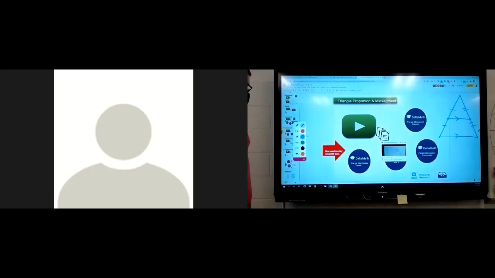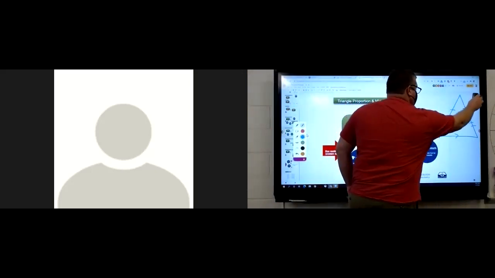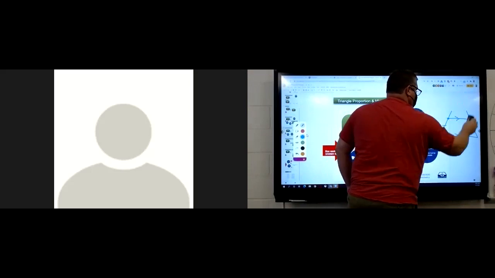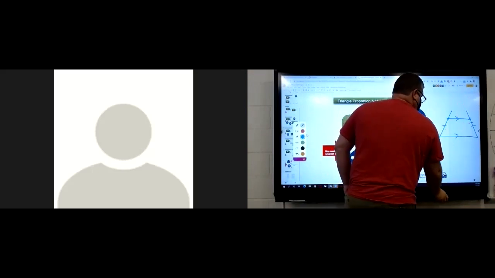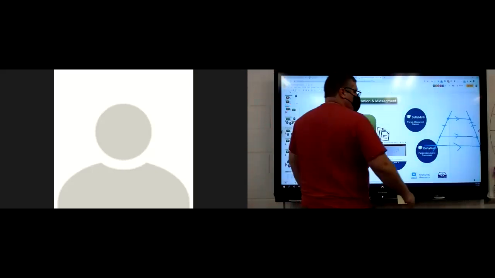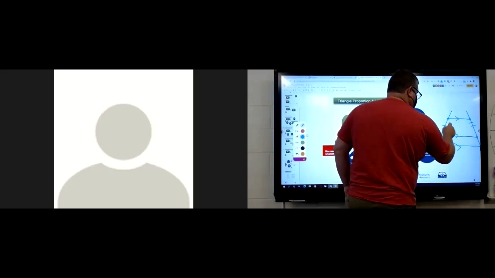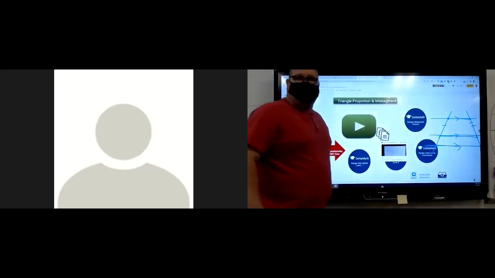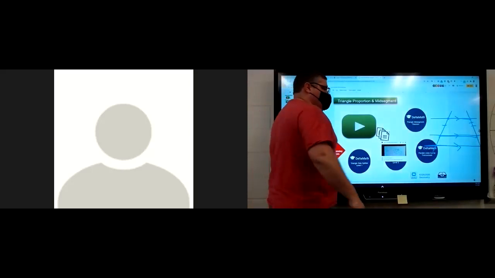Okay. I don't actually need a triangle, do I? Here's what this says. Side splitter theorem says, if I have parallel lines, are all 3 of these parallel to each other? Okay, so it's like Wolverine.